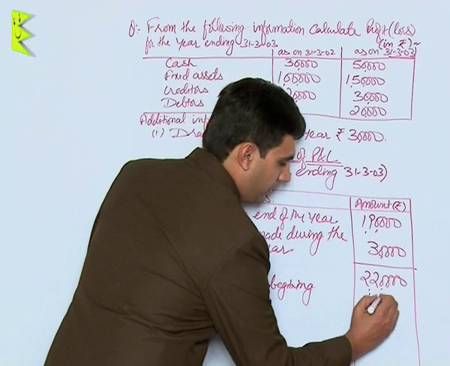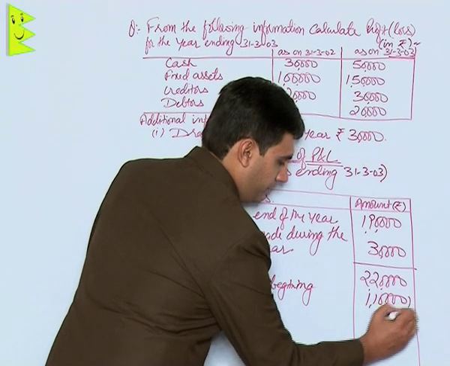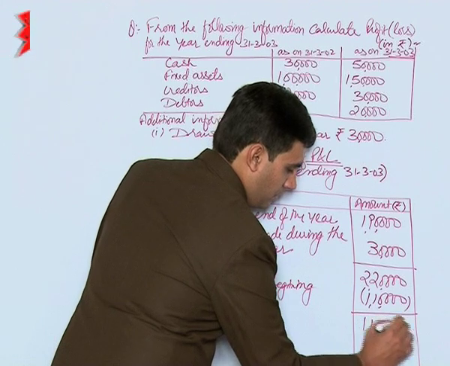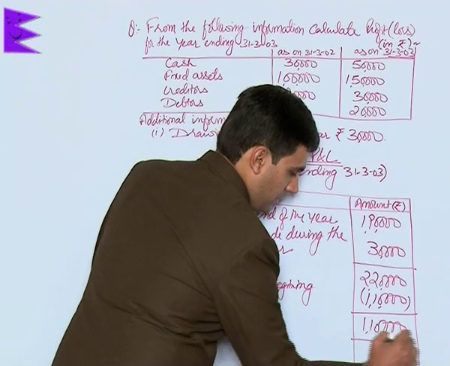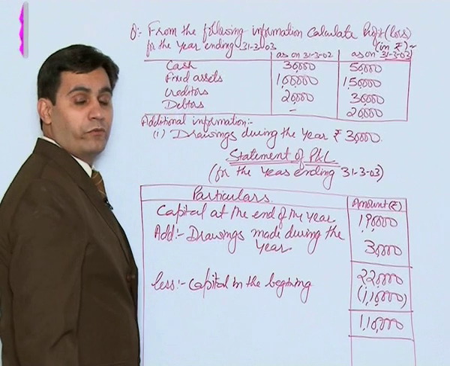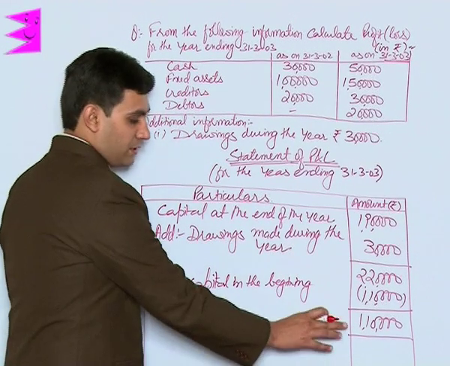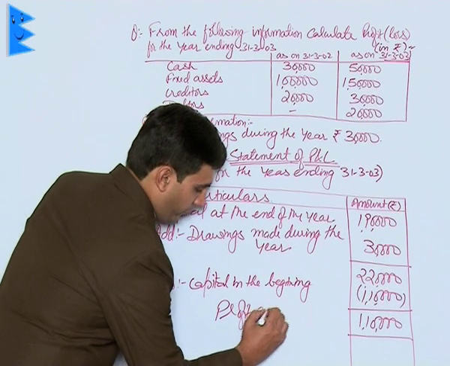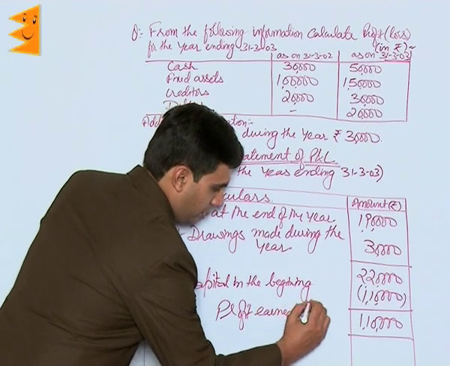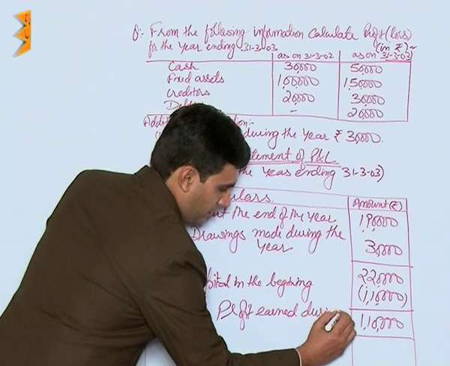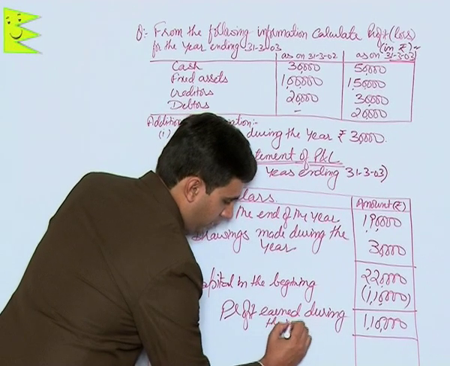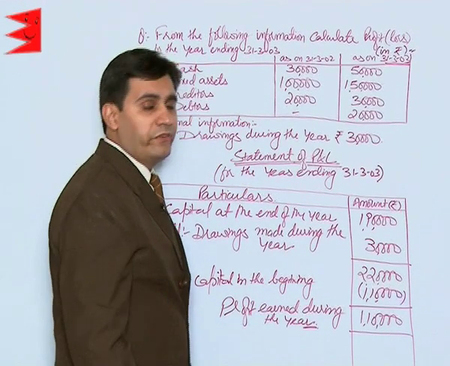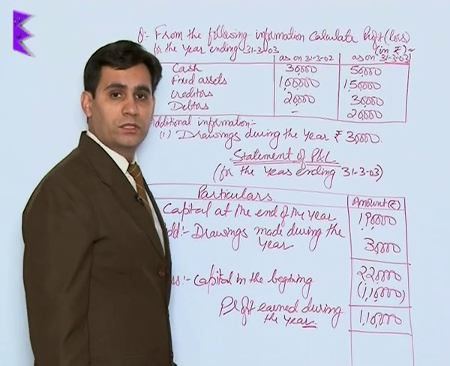Deducting this amount, we get a figure of 1,10,000. Since it is a positive figure, that means it represents profit earned during the year. Had this figure been negative, it would have represented loss.